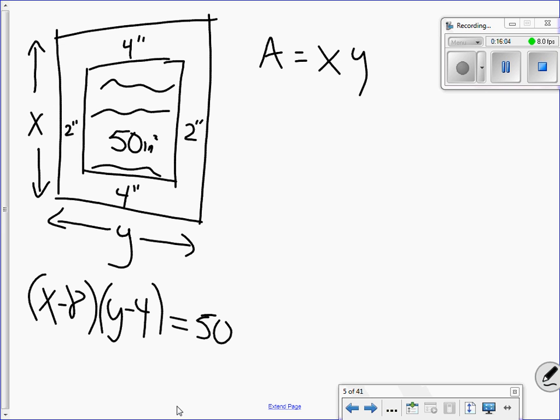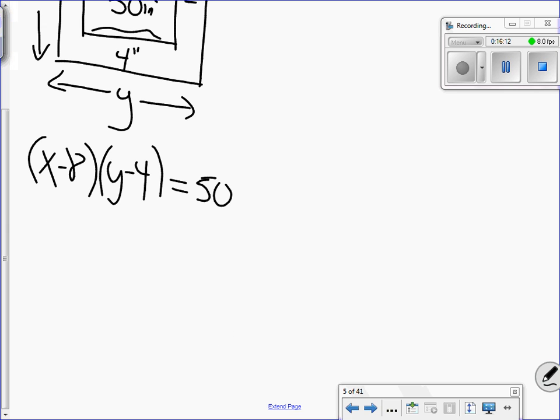So what we're going to do is solve for either x or y. What do you want to solve for? All right, so we're going to solve for y. So let's get this x minus 8 out of there. Let's divide both sides. So y minus 4 equals 50 over x minus 8. Then what? We want to solve for y. Add the 4.